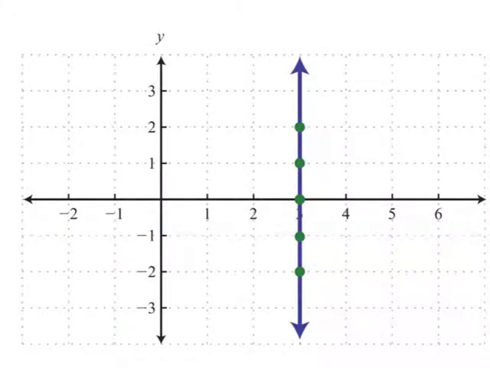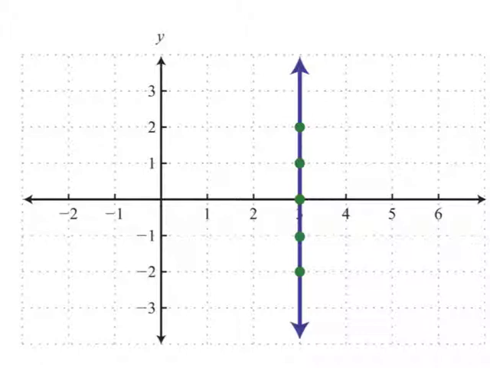Alright, now sometimes we have horizontal lines that are straight and vertical lines that are straight. A vertical line is not going to touch y anywhere. So it is not going to be y equals. It is going to touch the x-axis.